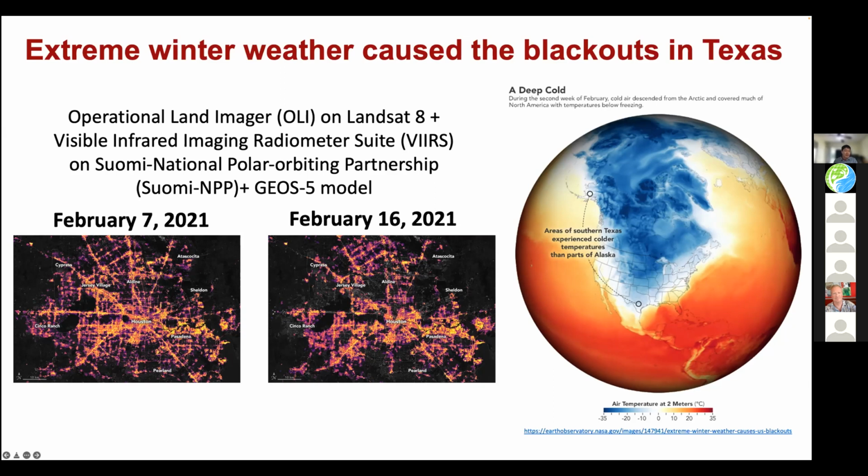These two nighttime images of Houston, Texas were made by combining observations from the OLI instrument on the Landsat 8 satellite plus the VIIRS sensor on Suomi NPP. The difference here shows that numerous people suffered from the blackout.